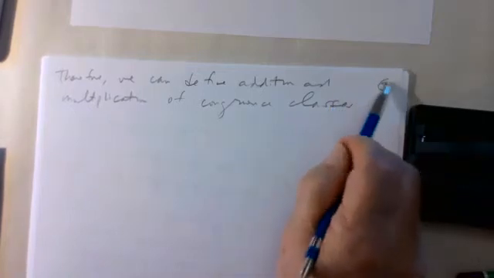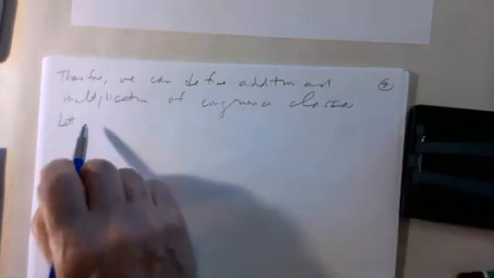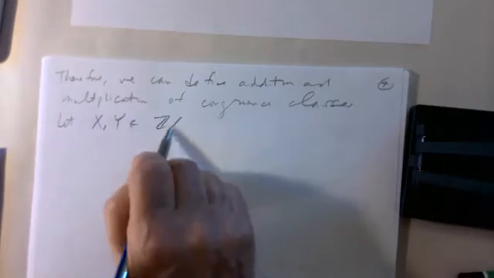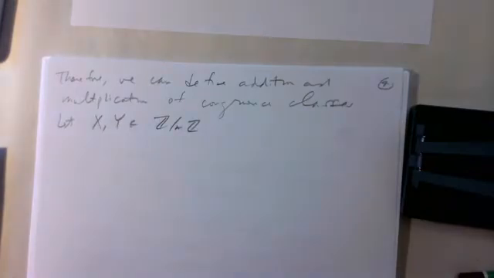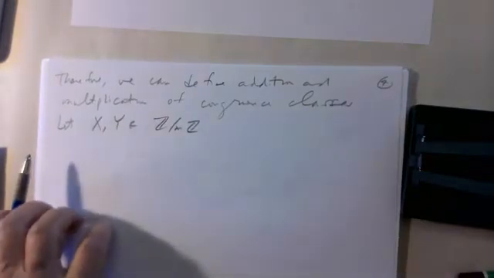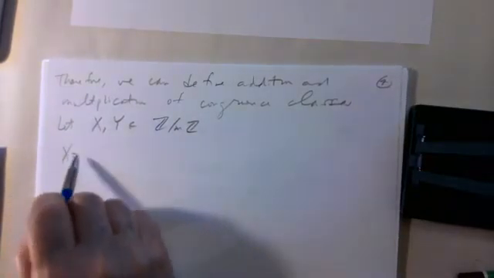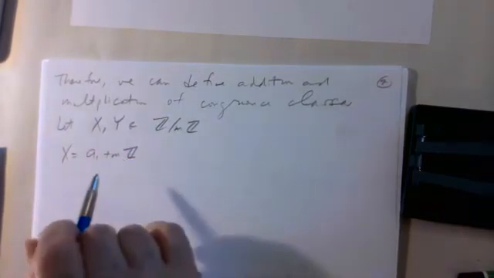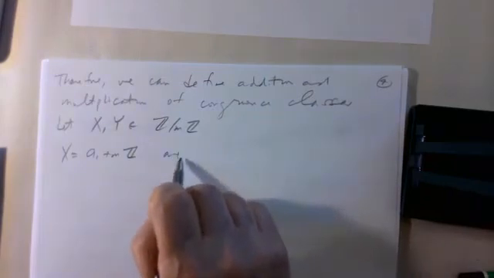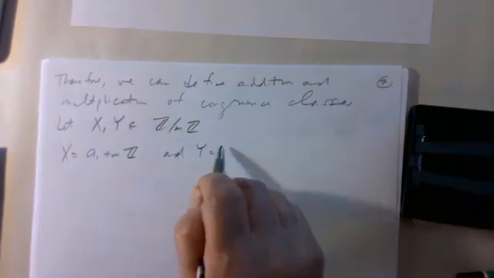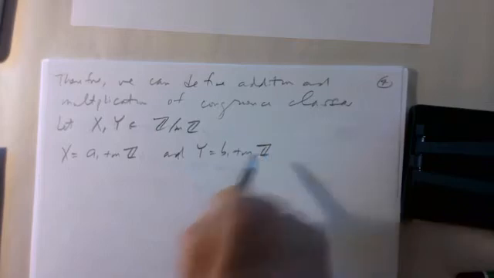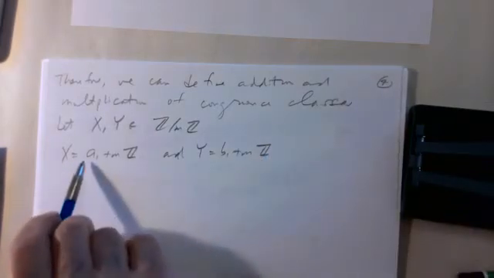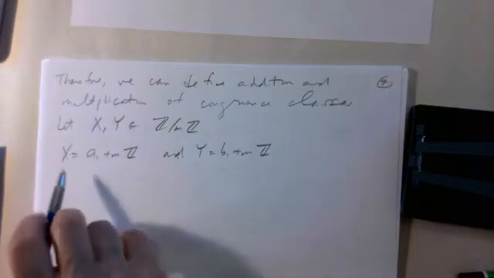So suppose that X and Y are congruence classes in Z mod mZ. So X is, let's say, A1 plus mZ for some integer A1, and Y is B1 plus mZ for some integer B1. But this integer A1 isn't unique.